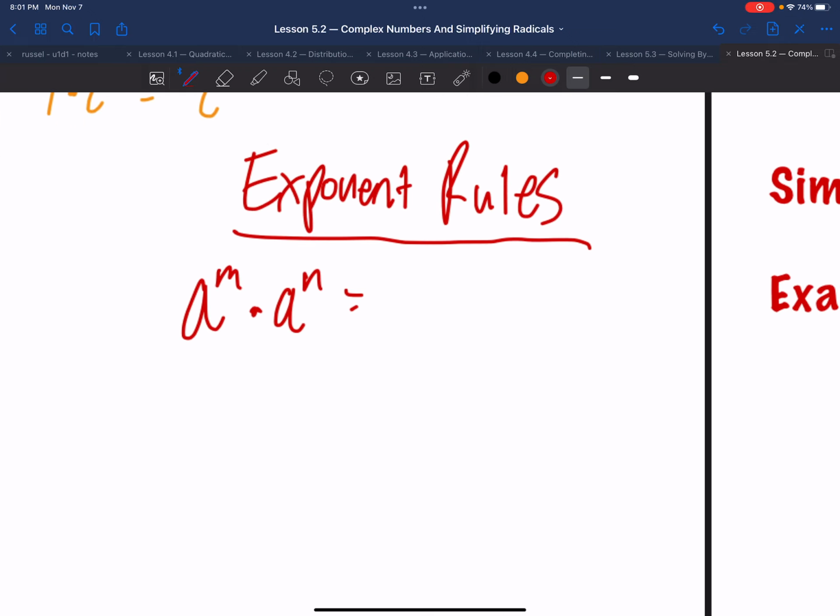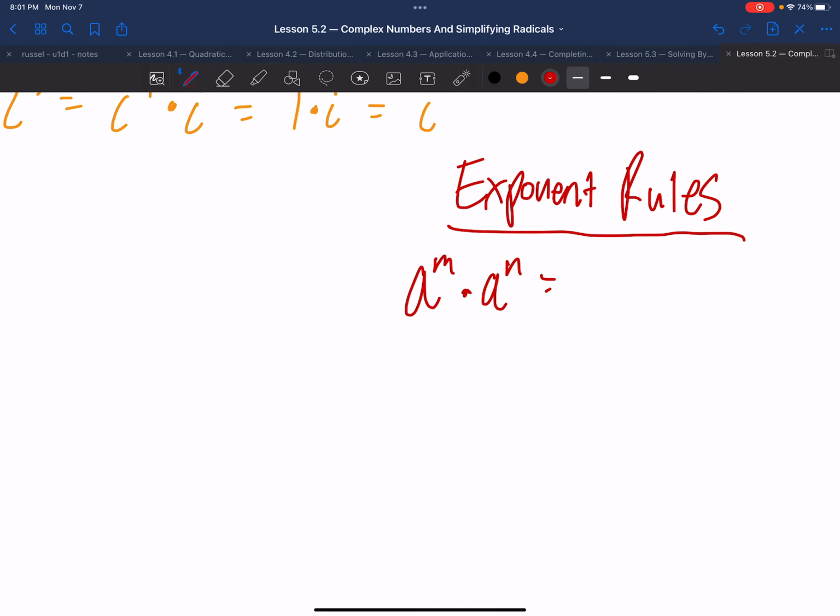Whenever I multiply the same base, I add their exponents. So for example, x squared times x cubed is x to the power of 5, because 2 plus 3 gets you that 5.